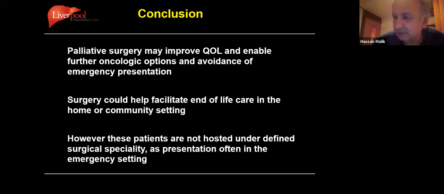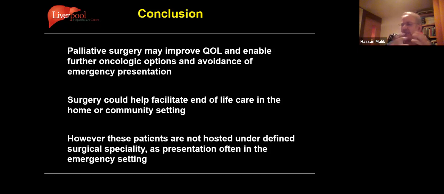Often they present as an emergency. And so the question is, and it may be an easier question to answer in Egypt, where you have surgical oncology as a specialty and you have cancer centres, unlike the UK, do we need to incorporate the holistic aspect of palliative care with the surgical training?